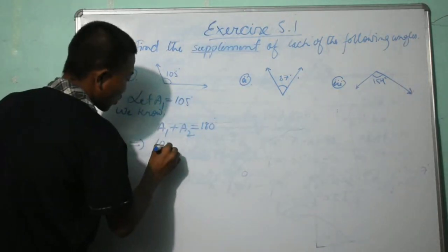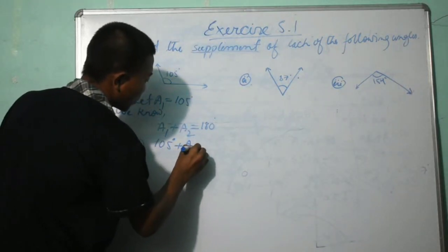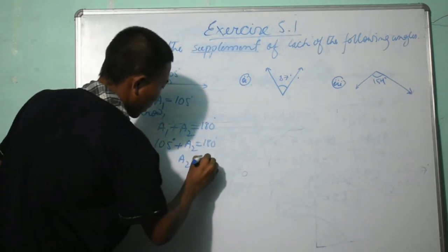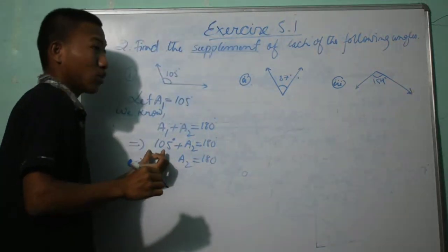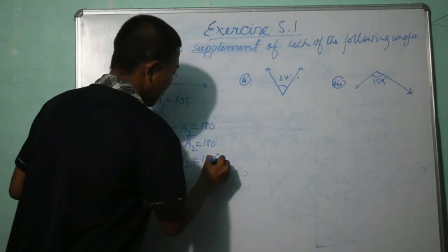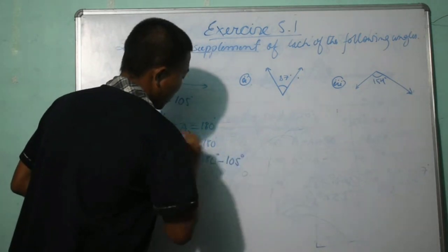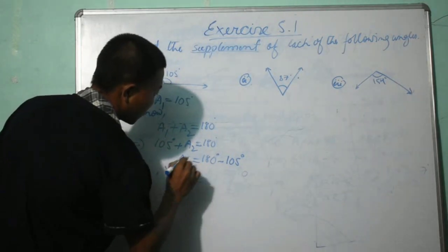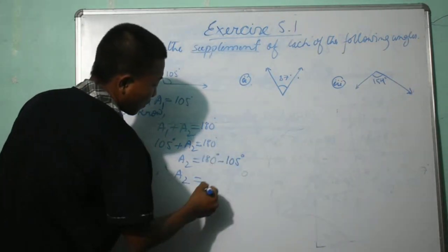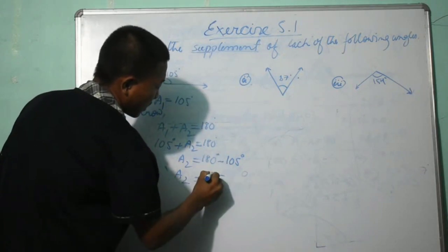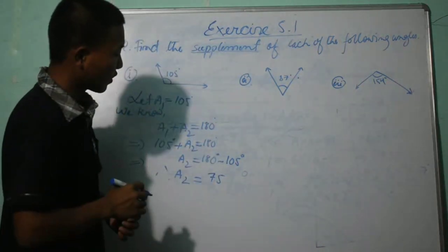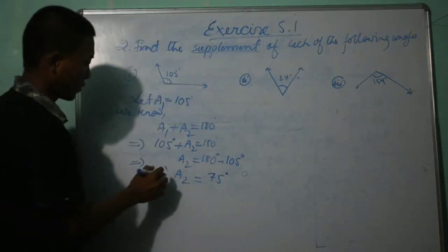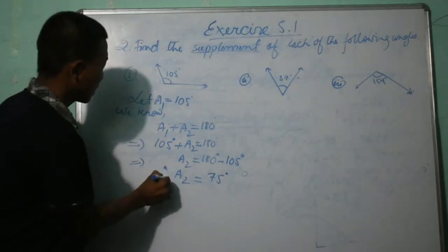A1, which is 105, plus A2 equals 180 degrees. A2 equals 180, and this 105 degrees will be transposed to the other side and given a minus sign. We will get 10 minus 5 is 5, 7 minus 0 is 7, so 75. This is the required answer for Roman number 1.